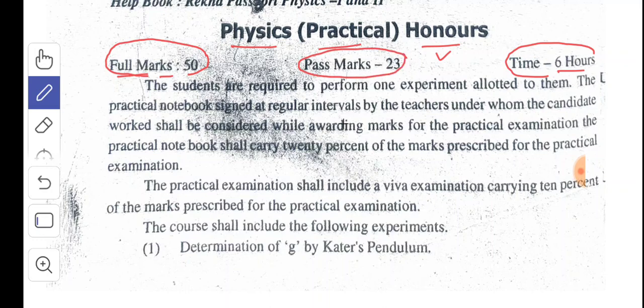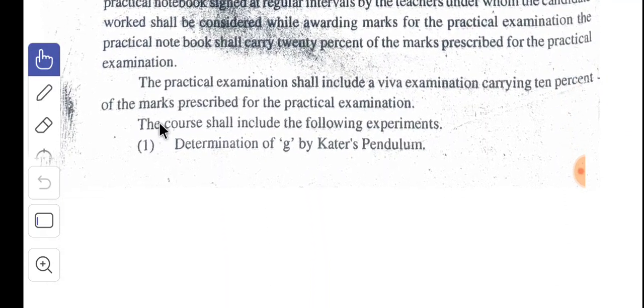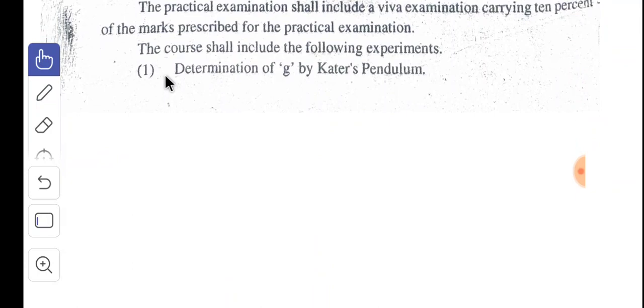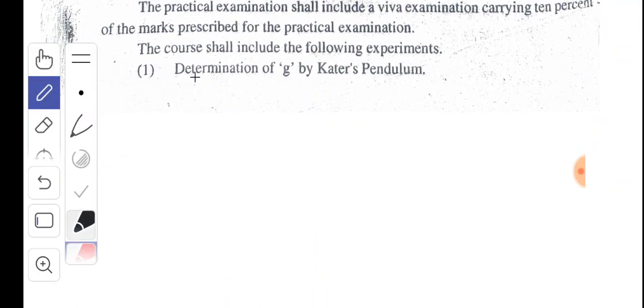And the syllabus for the practical examination is: first practical is determination of g by Kater's pendulum.